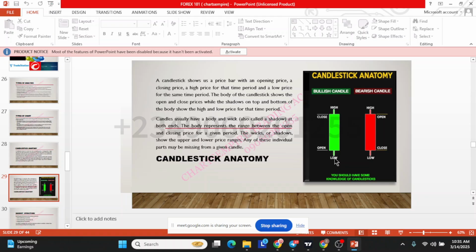And open is where a candlestick begins, where it opens, where it starts, when the transaction starts. Let's say you open your shop in the morning, and the first product that you sell from your store is 2,000 naira, so that is the open.